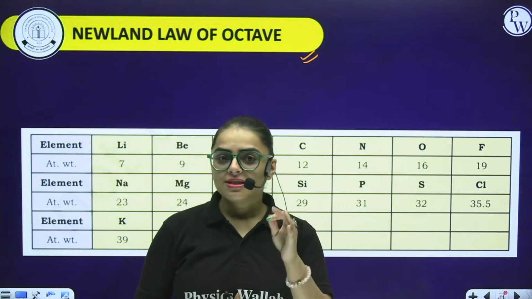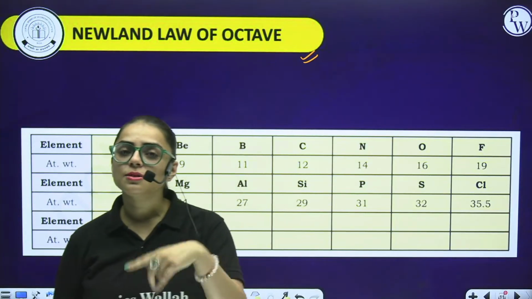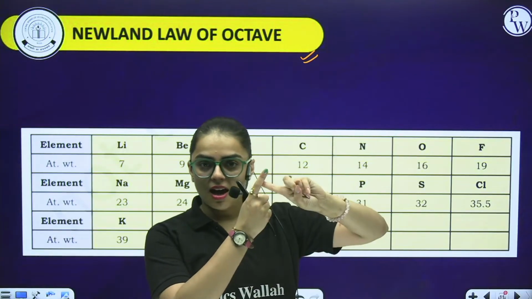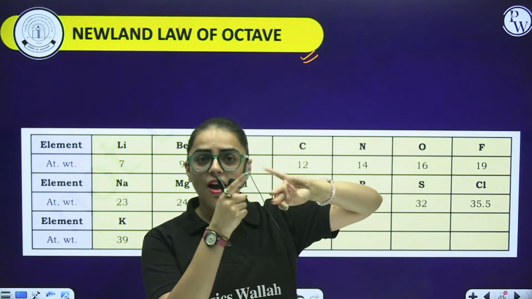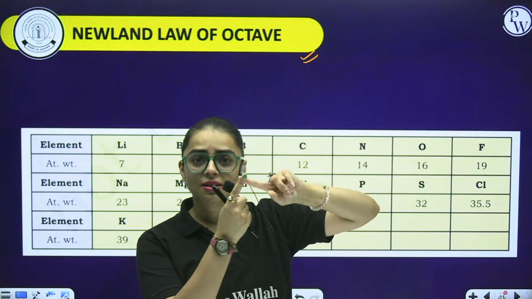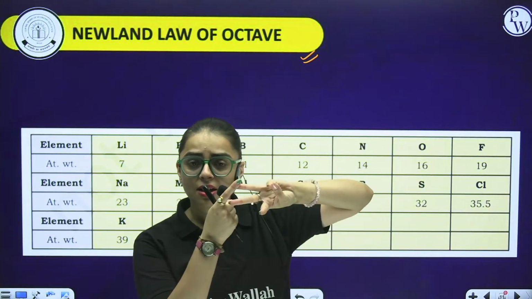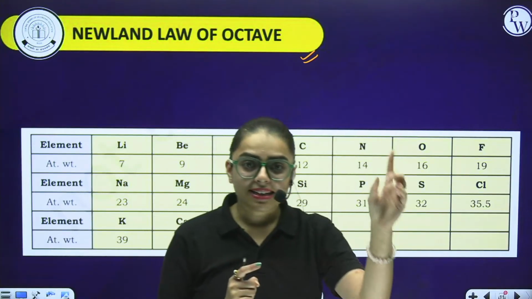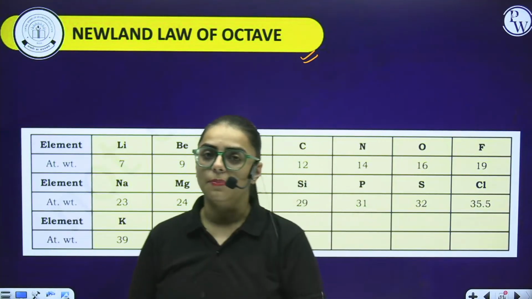See, I'm starting from sa and I'm ending at sa. Sa is starting from first, and at the eighth, again sa is coming.